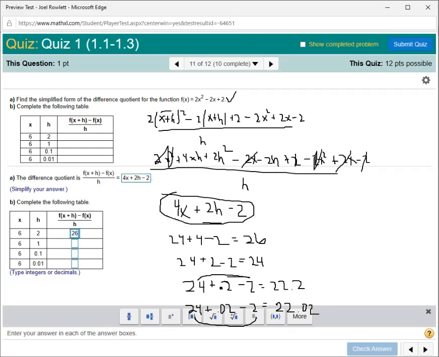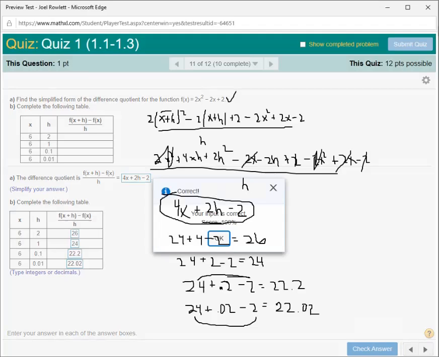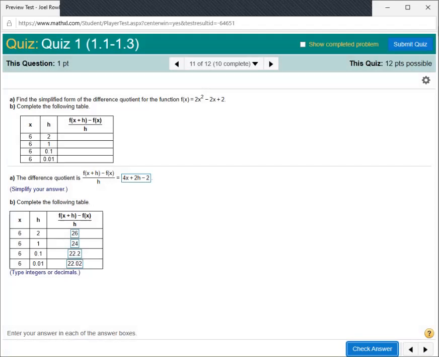We got 26, we got 24, we got 22.2, and we have 22.02. So let's check these. Okay, so far so good. Okay, and finally, problem number 12.